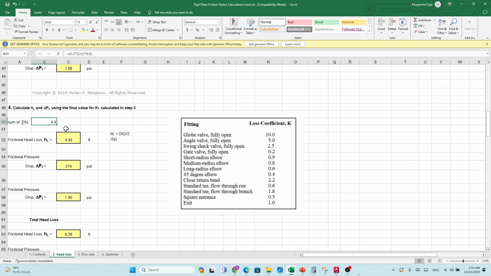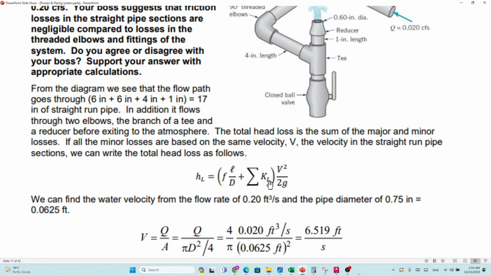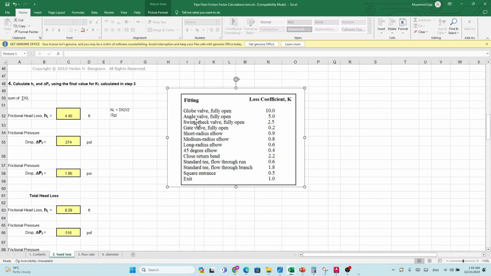And in the bottom, you have to enter the loss coefficient. Due to the length of the pipe we have a loss of around 4 feet, and for the loss due to the fittings we have to put in the values, which you can select from this chart: globe valve, gate valve, radius elbow, T, and so on.